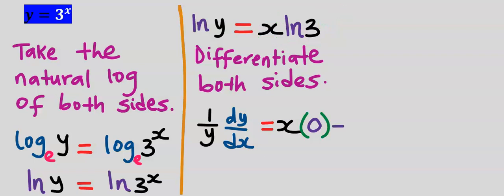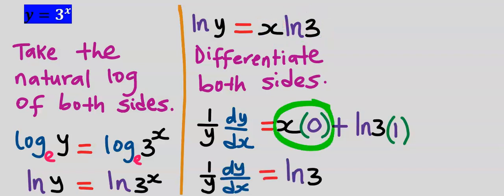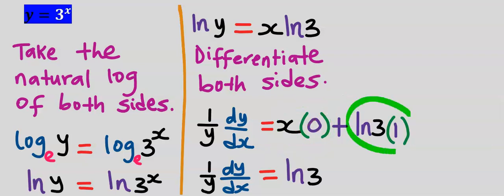Next, we're going to put a plus according to the product rule formula. Next, we are going to keep the natural log of 3 constant. Next, we are going to differentiate x. Differentiate x, you're going to get 1. Next, x multiplied by 0 will cancel out because it's 0. And 1 multiplied by the natural log of 3 will return the natural log of 3.